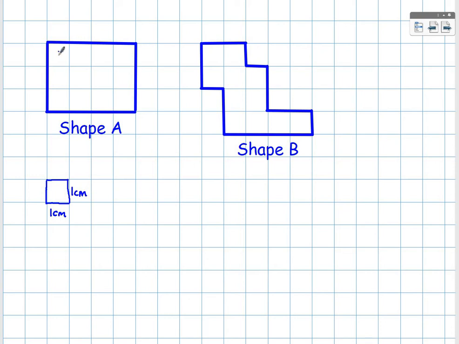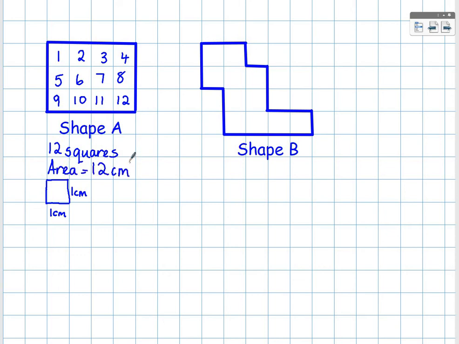So here we go, I'm going to count the squares inside. 1, 2, 3, 4, 5, 6, 7, 8, 9, 10, 11, 12. So shape A is made up of 12 squares. So that has an area of 12 centimetres squared, because each of the squares inside measure 1 centimetre by 1 centimetre.